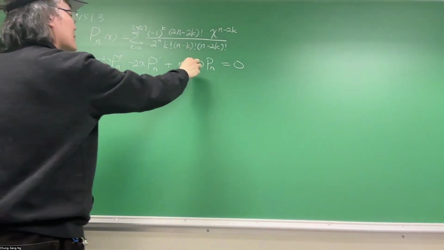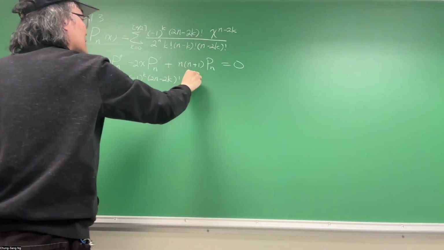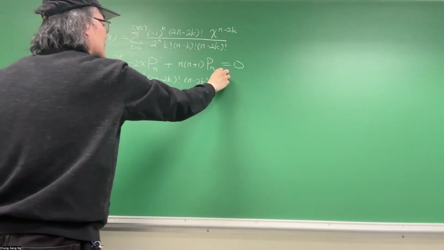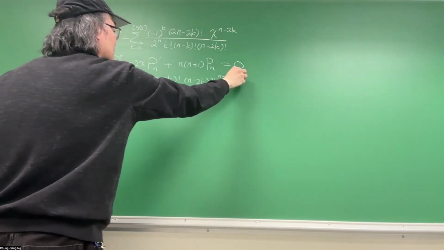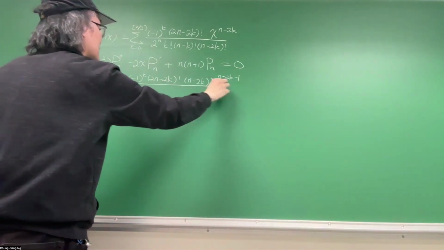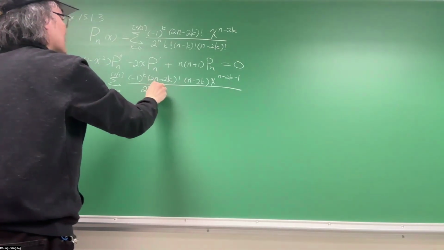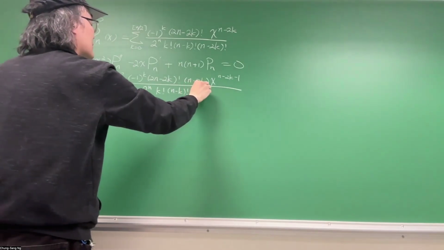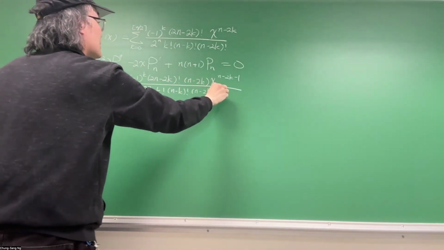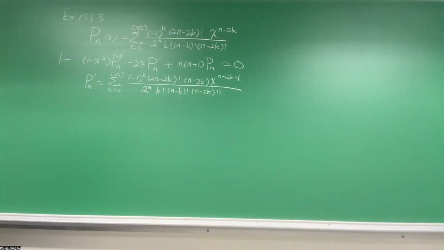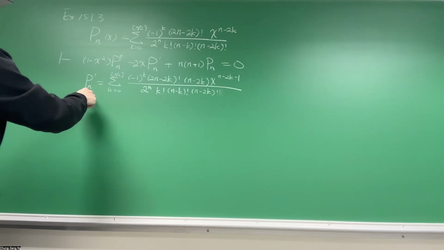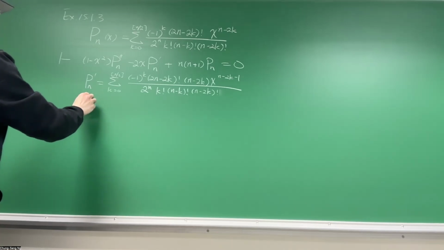So this is P prime. You have this n minus 2k factored out, and then x to the n minus 2k minus 1, divided by the same factorial. Okay, so that's P_n prime, and likewise P_n double prime.